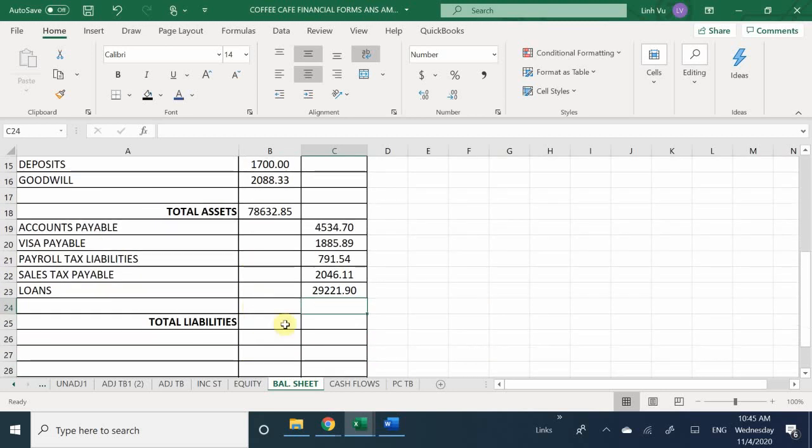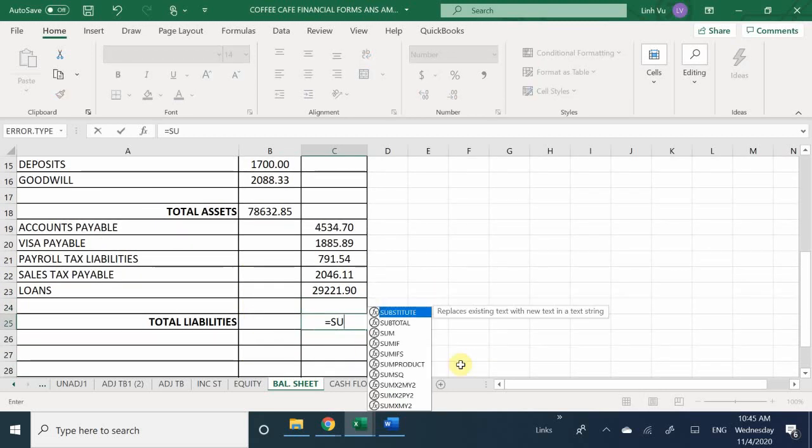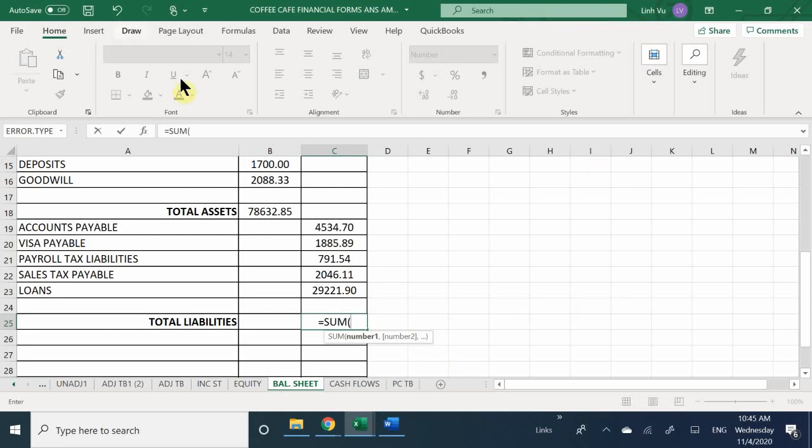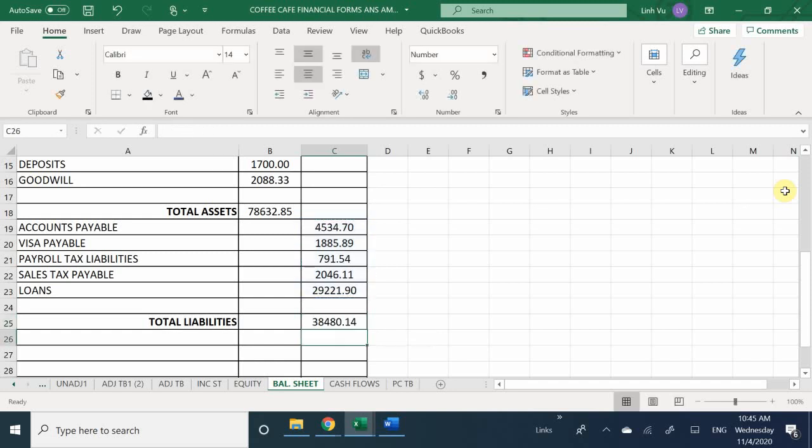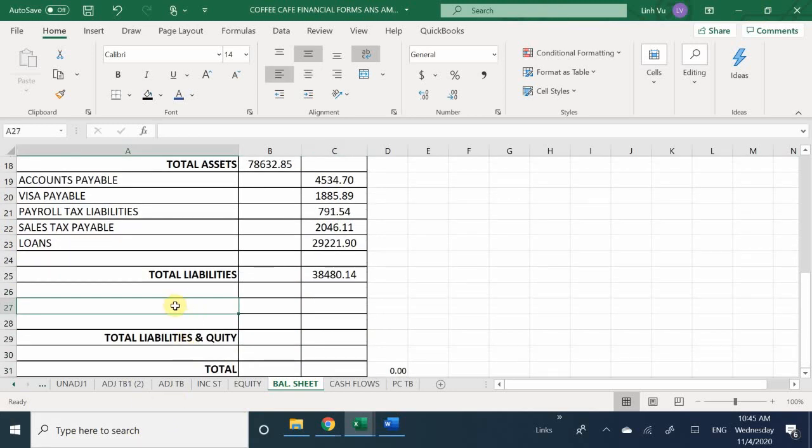So go ahead and total up your total liabilities. $38,480.14. Good.